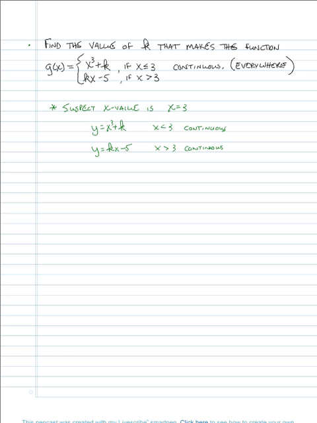The only place that we might have a problem is that it might be broken at 3, so that the top part gives a different value than the bottom part. In terms of calculus, what we really need is the limit of f of x as x approaches 3 from the left-hand side to be the same as the limit of f of x as x approaches 3 from the right-hand side.